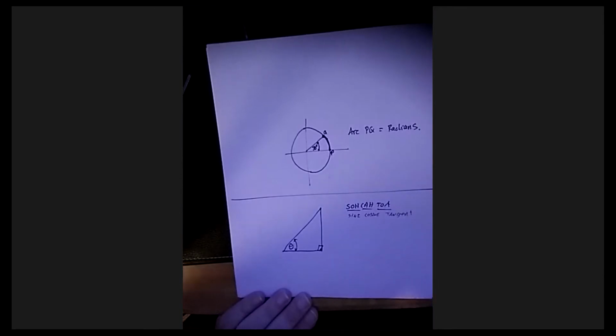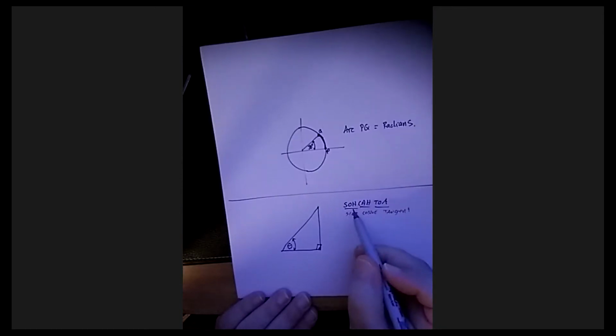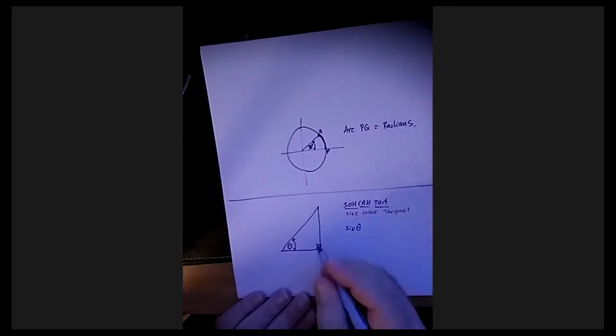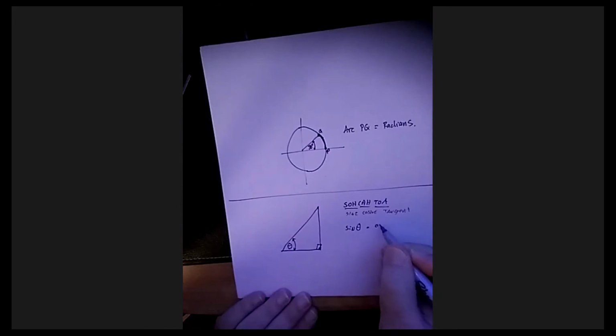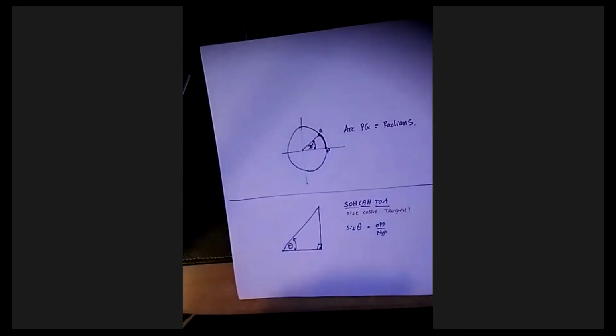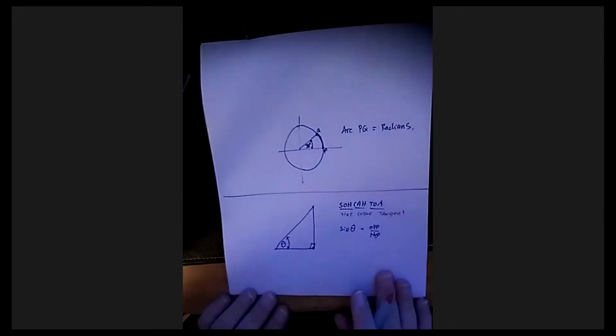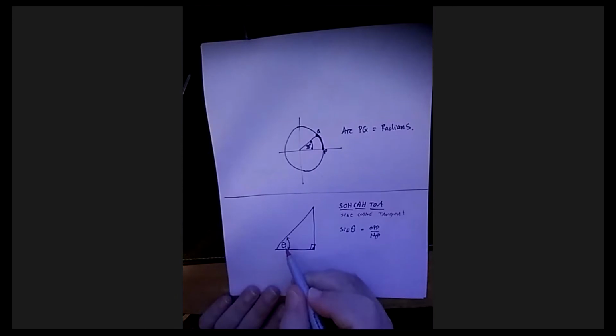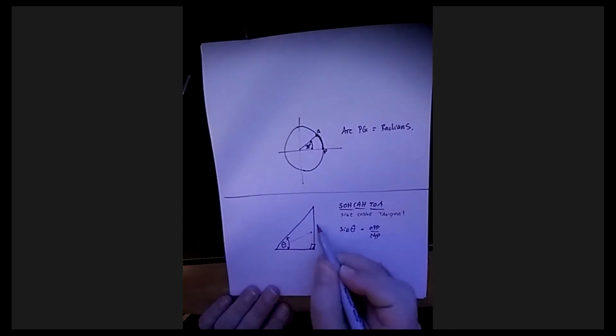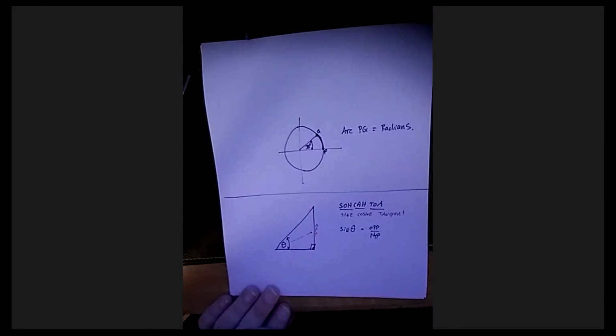We'll show you how the formula works. The SOH, the CAH, and the TOA. SOH tells us that the sine is the opposite over the hypotenuse. Well, you need to know from your right angle triangle who these sides are. From this angle's perspective, this side is opposite the angle, and it's called the opposite.